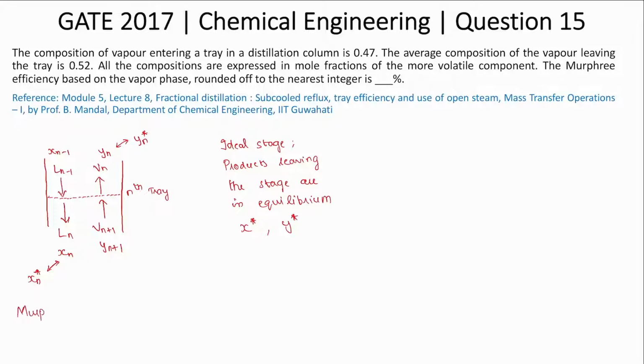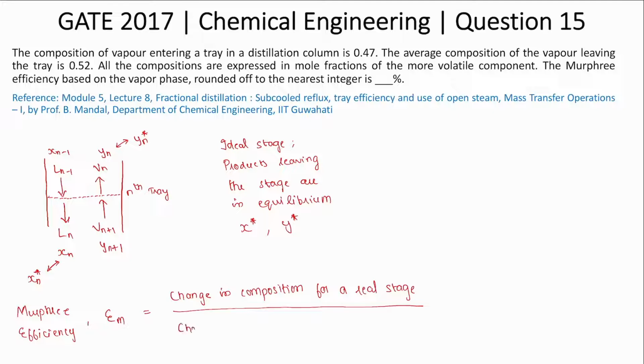Now, Murphy efficiency. The definition of Murphy efficiency Em is the ratio of the change in composition for a real stage or a real tray to the change in composition for an ideal stage or an ideal tray.